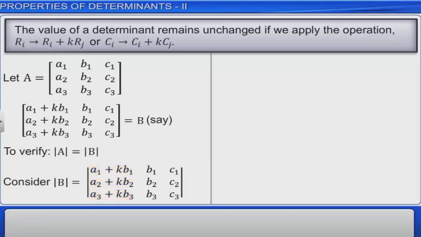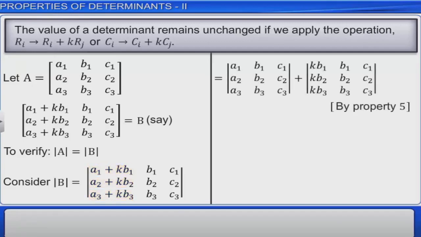By property 5, we know that if the elements of a row or a column of a determinant are expressed as the sum of two or more terms, then it can be expressed as the sum of two or more determinants. Hence, determinant B can be expressed as the sum of two determinants. In the second determinant, each element of the first column is multiplied by k.